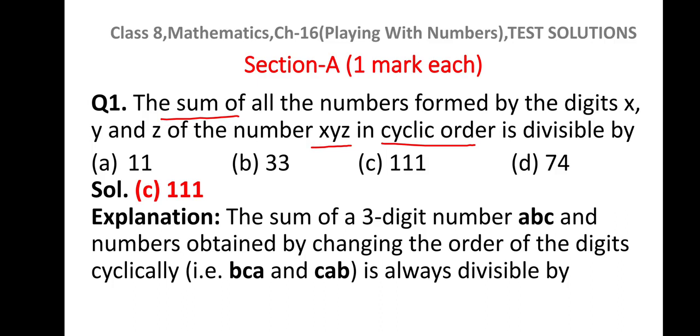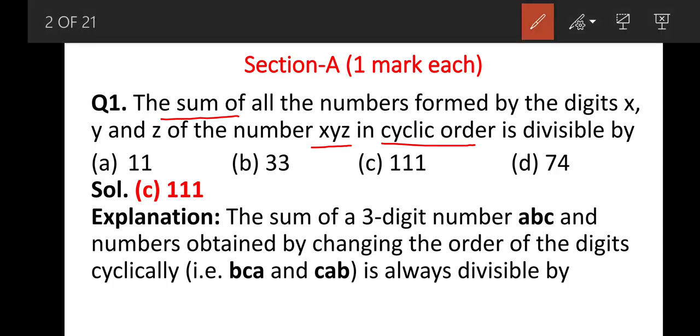So what is the explanation? The sum of a 3-digit number A, B, C and numbers obtained by changing the order of the digits cyclically. Cyclically means in the clockwise direction. We need to change the numbers and add them in that order, and then it will always be divisible by 111, 37, 3 and sum of the digits.